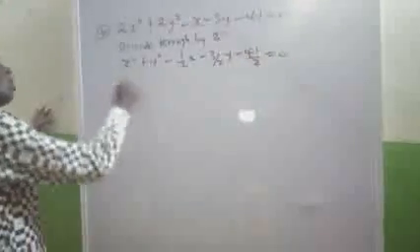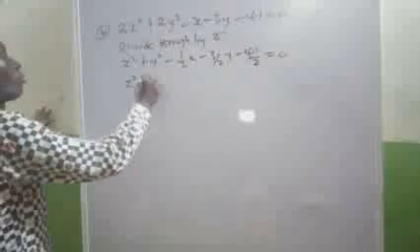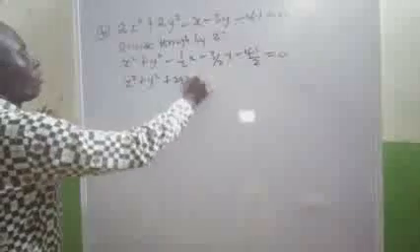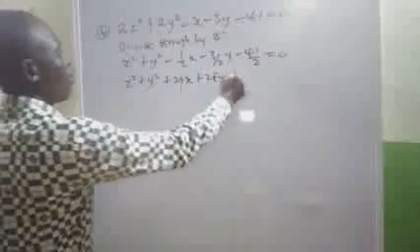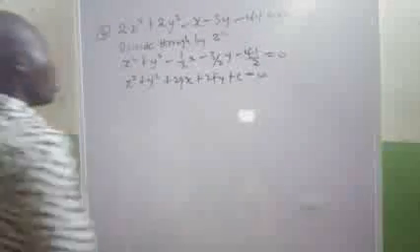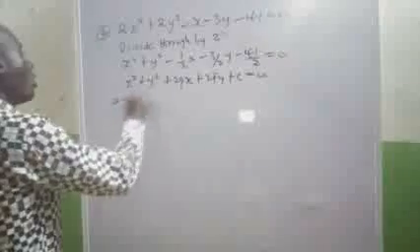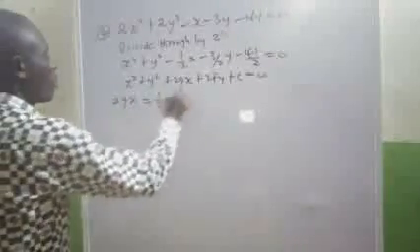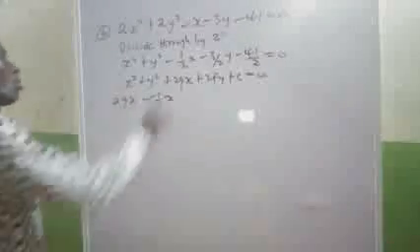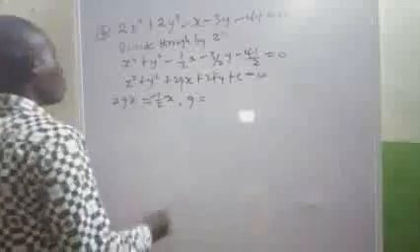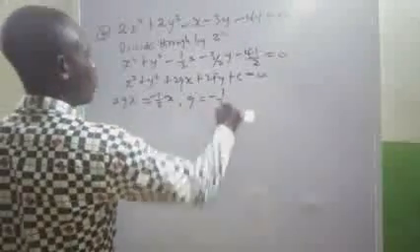So if I compare with x squared plus y squared plus 2gx plus 2fy plus c equals 0, I have 2gx is minus 1 over 2 x. x will cancel x, 2 will divide this way, so your g will be equal to minus 1 over 4.